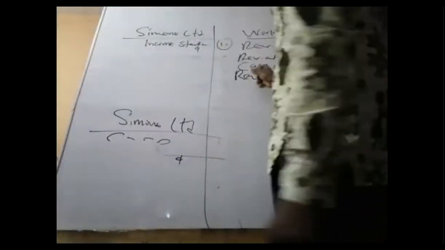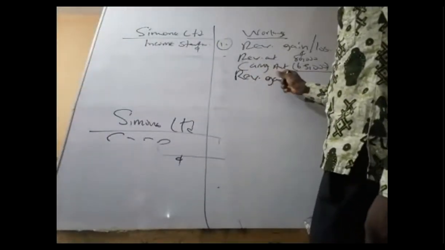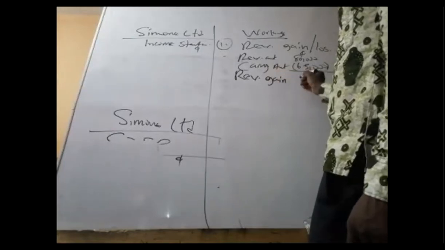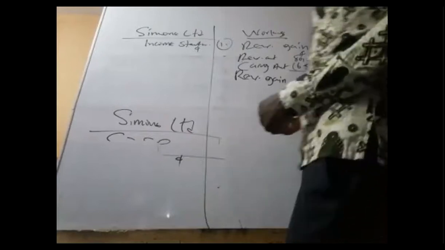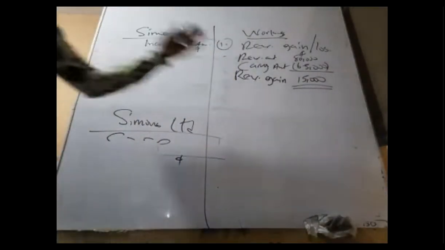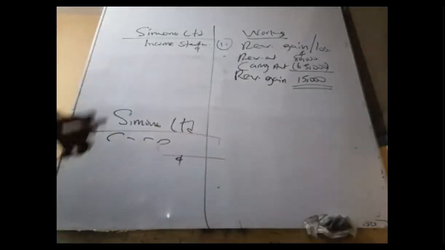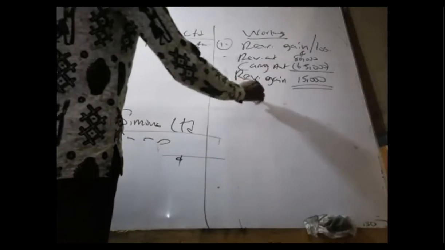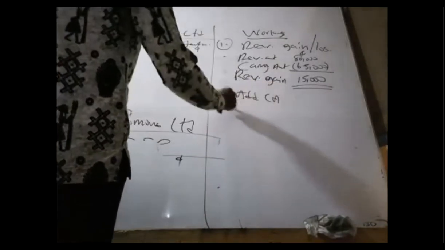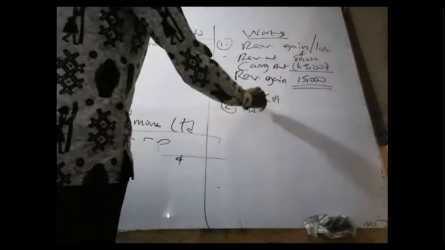So there's a revaluation gain of 15,000. We are done. Now, second, how do you treat the revaluation gain in our books? Number one, add it to the carrying amount of the asset. Number two, add it to OCI.